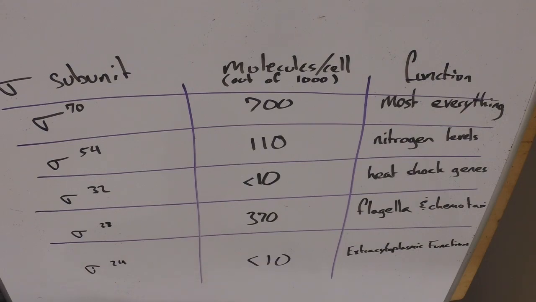Sigma 28 is used for flagella and chemotaxis, so different movement options of these bacteria. And sigma 24 is extracytoplasmic functions, which are also included in the other 2 sigma subunits that aren't mentioned here.